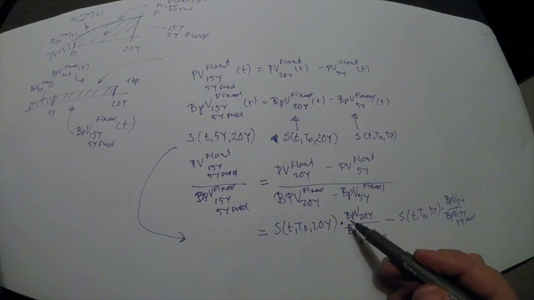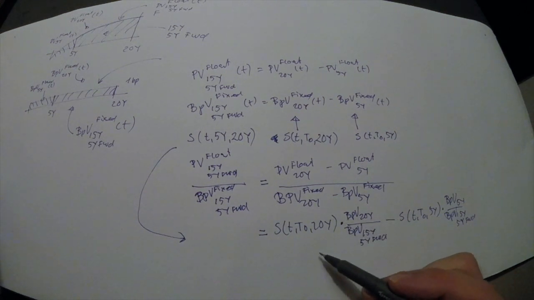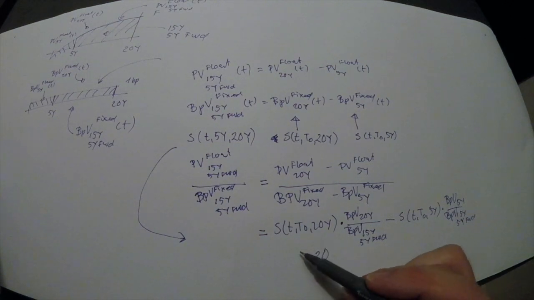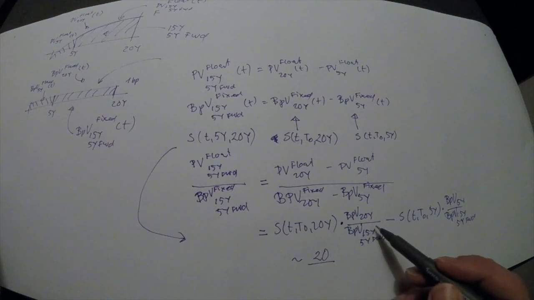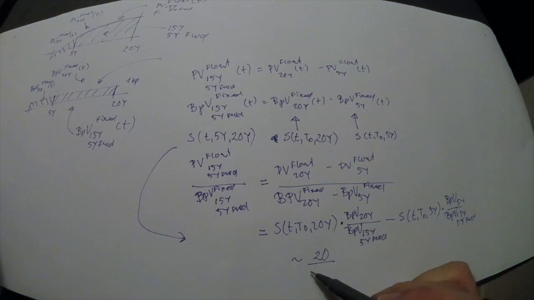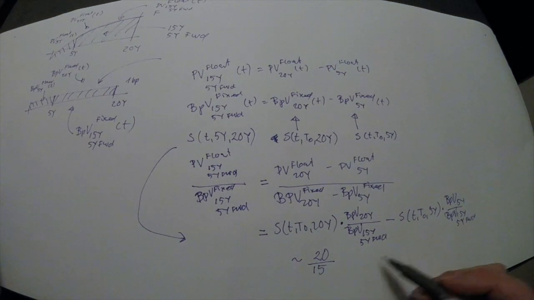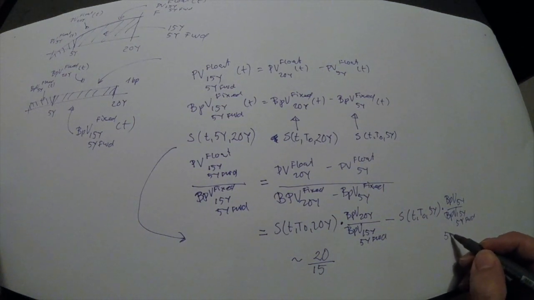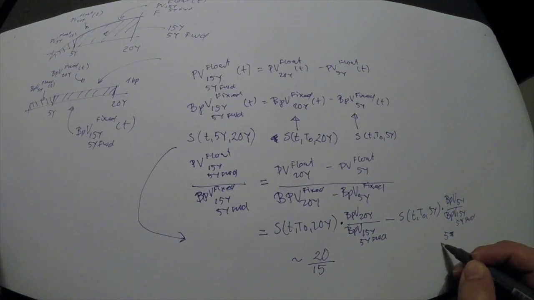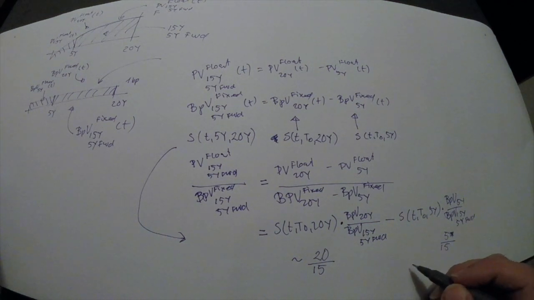Notice a few things. The basis point value, at least in the absence of discounting, of the 20-year would be roughly 20, and the 15-year forward starting, although forward starting, would be roughly proportionate to 15. And the same for the 5-year, we would have 5 relative to 15.